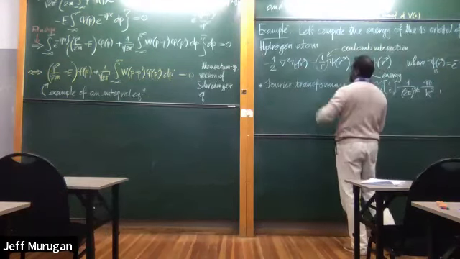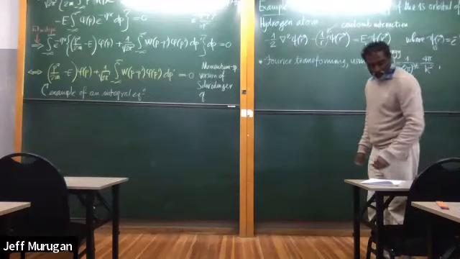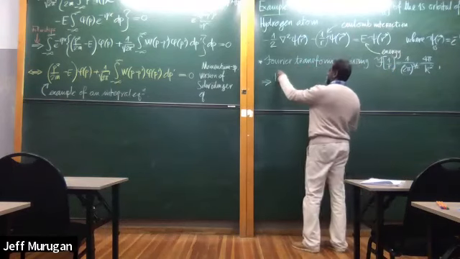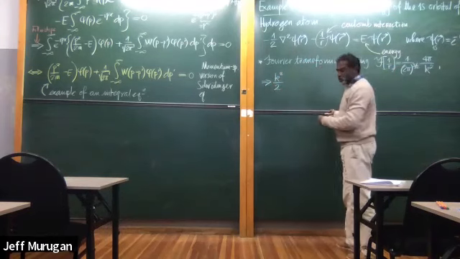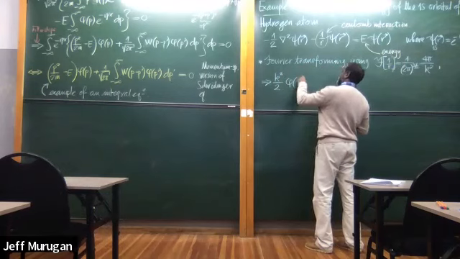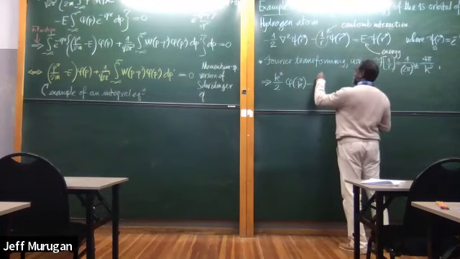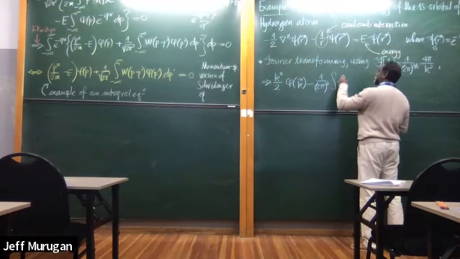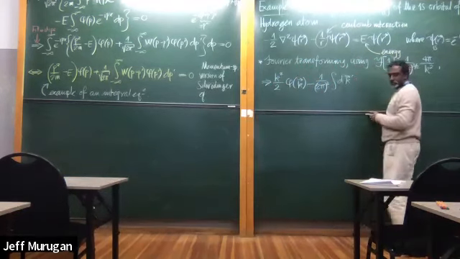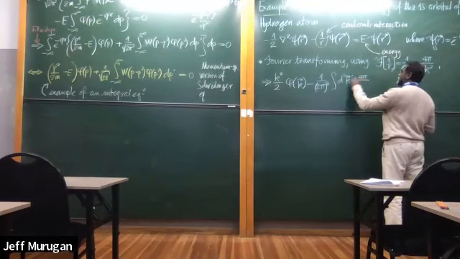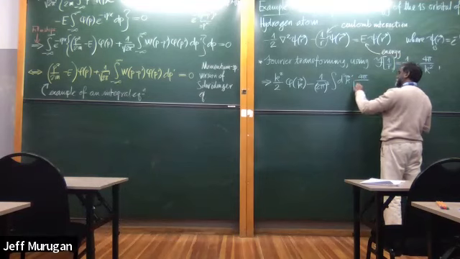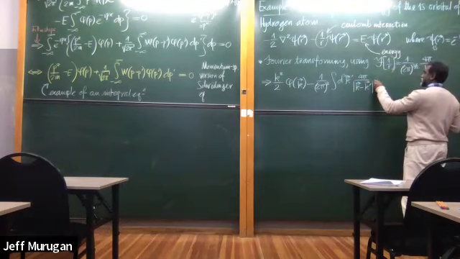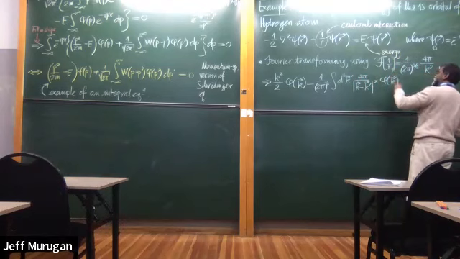And writing the Fourier transform of this psi of r as some phi of k, we'll find that k squared over 2 times phi of k minus 1 over (2 pi) cubed times the integral of d3 k prime, 4 pi over |k minus k prime| squared, times phi of k prime.